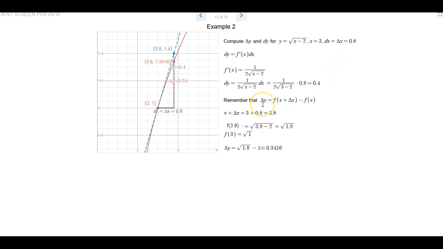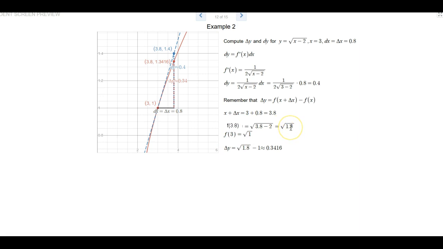Now let's look at the actual change. That's delta y. That's the actual change in the function, as opposed to dy, which is just the approximate change based on the tangent line. If I figure f of x plus delta x minus f of x, that's the change in the function value. x plus delta x is 3.8, and f of x is just f of 3.